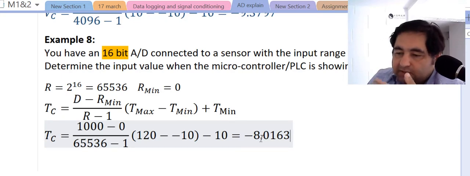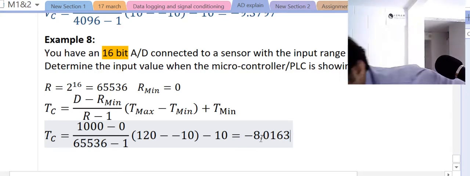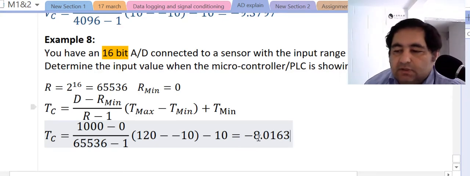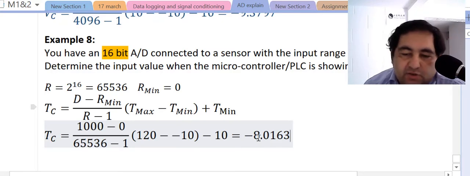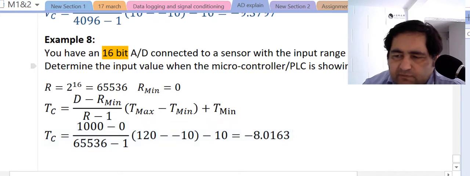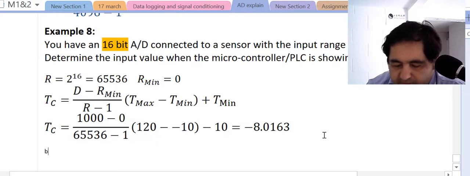Okay, on the same question, this time I wanted to have another example, but this time talk about the error. Let's go for the same question, section B of that.